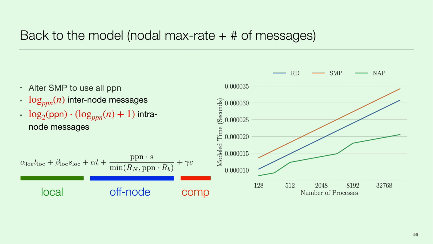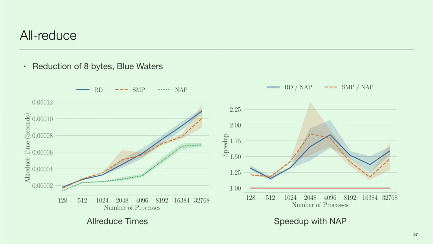And then we're going to take all of those numbers of messages off-node and on-node and plug them into this for the three different routines: the recursive doubling, the SMP, and the node-aware approach. And the model says, well, it looks like you should be able to reduce the model time, or the compute time there.